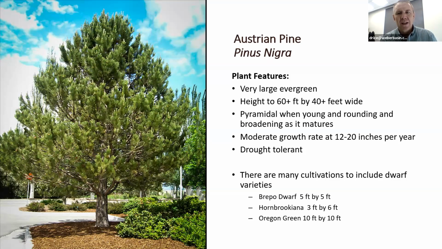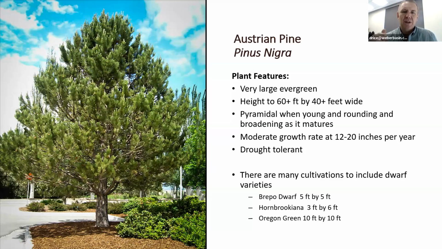So if I'm talking about Austrian pine, in this case, 60 feet tall and 40 feet wide at maturity, there are cultivations and dwarf varieties as I've listed here. Now, I haven't done that on every single one of them, but if you look at a local nursery, if you like the characteristics of an Austrian pine, there's more than likely a dwarf variety of that tree that you can find.